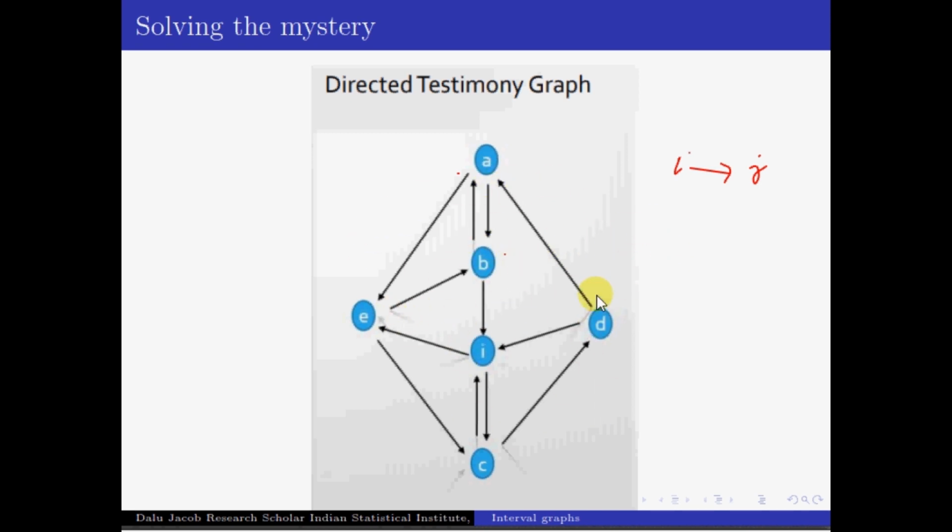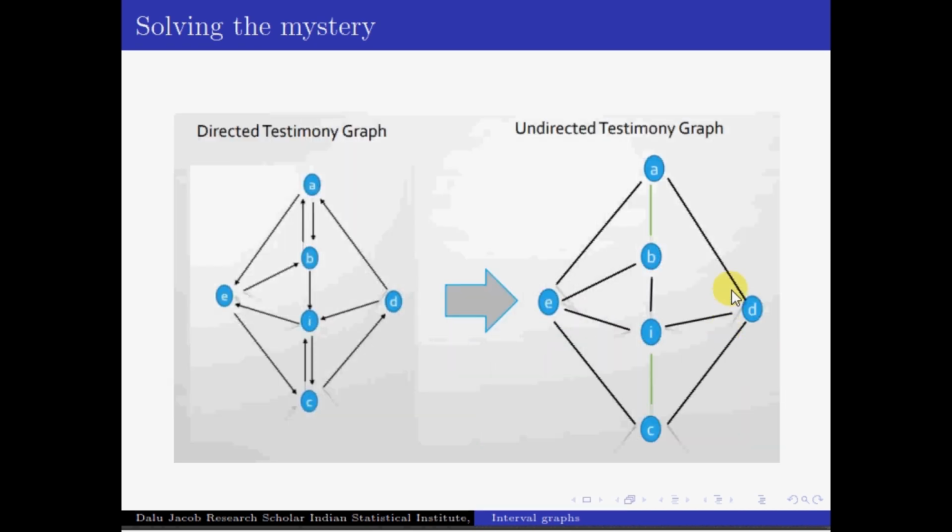Now from this directed testimony graph, I will create an undirected testimony graph. The undirected testimony graph is nothing but ignoring the directions of all the edges. I will just forget about the direction in each edge, so the directed edge from A to E will just be replaced by an AE edge. If there is a bidirectional edge, I will just replace it by a single edge.